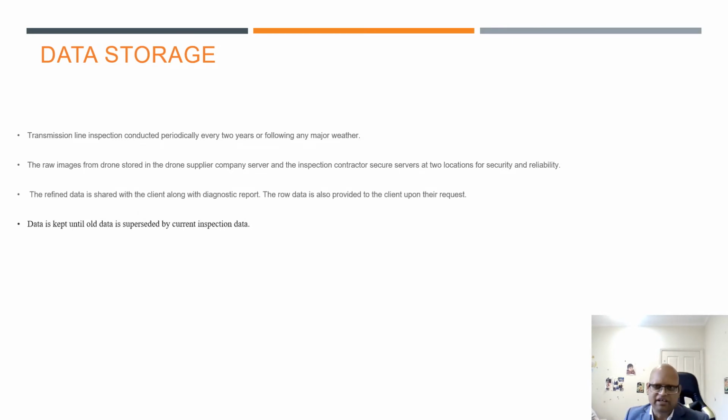The refined data are shared with the customers along with the diagnostic reports, which contain the future maintenance plans. The data is kept until a new inspection is carried out and the old data is replaced.